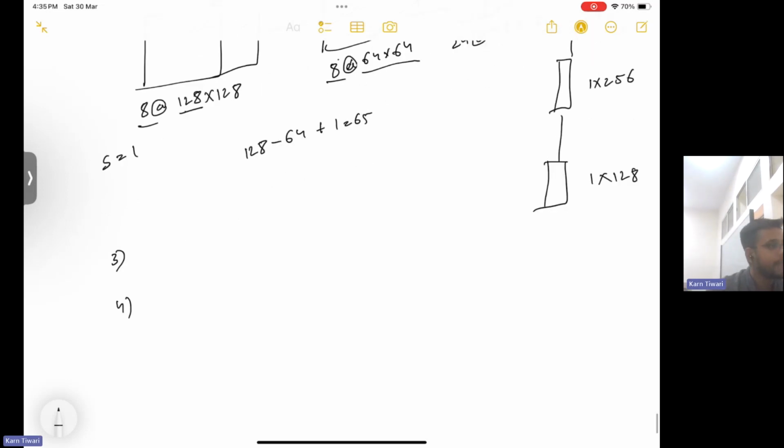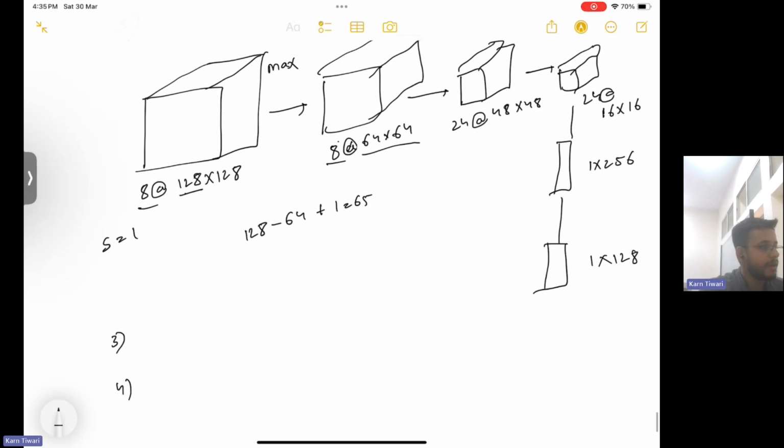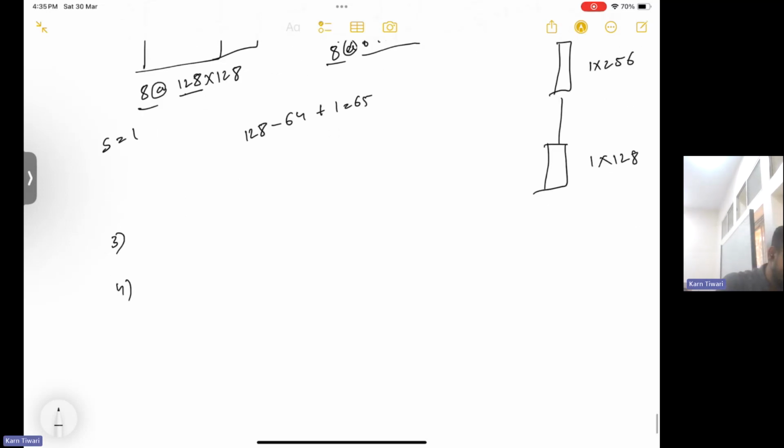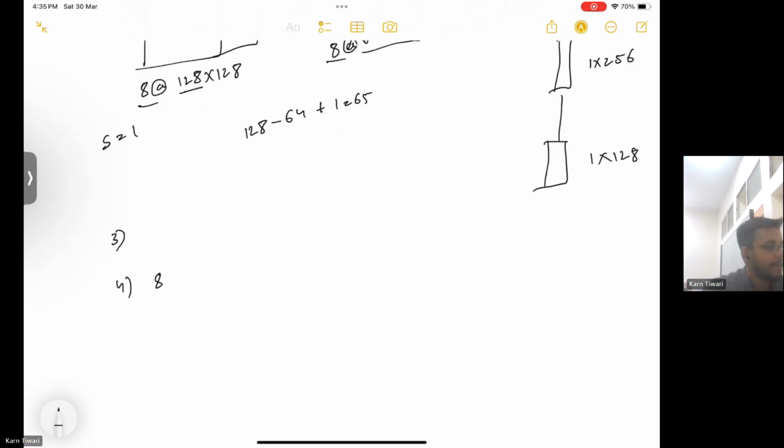Fourth question, how many filters are there in the initial layer? The number of filters remains the same after the max pooling, so it is 8. If the dimension of the filter at max pool 1 is 38 cross 38 cross 8, the number of filters is 128.